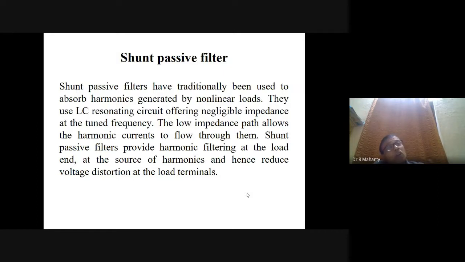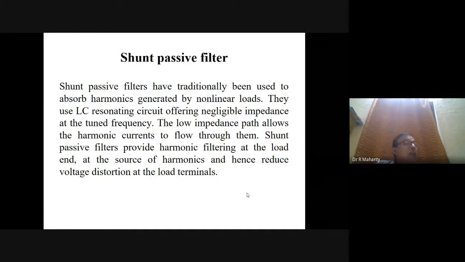Current always flows through the low impedance path, and since your LC resonating circuit is tuned at the third harmonic frequency, the third harmonic current will flow through that, and the system will be relieved of the third harmonic. If it is tuned at the fifth harmonic, the fifth harmonic current will find a low impedance path through it, and the system will be relieved of the fifth harmonic.